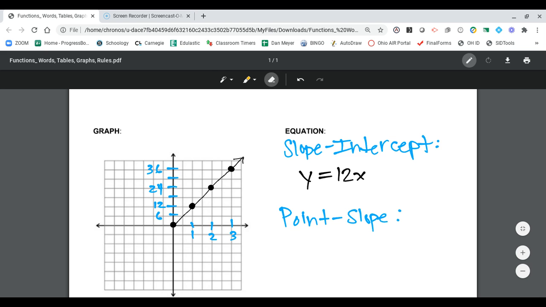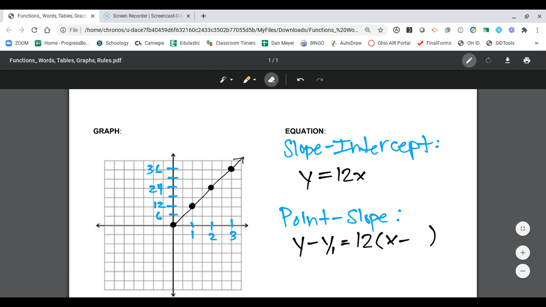Now we could do point-slope form. Again, if you remember, it is y minus y1 equals m times x minus x1. So I'm going to start plugging things in. I already know the slope is 12. I found that from my previous one. So 12 goes where the m is. And then your x1 and your y1 are just any point on your graph.